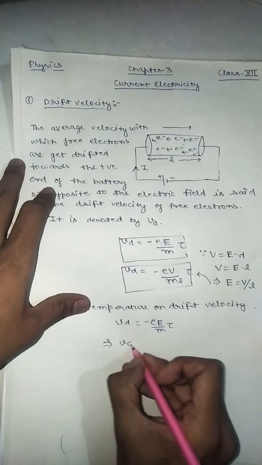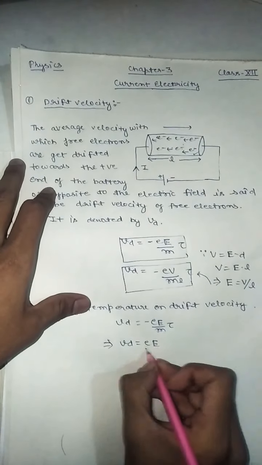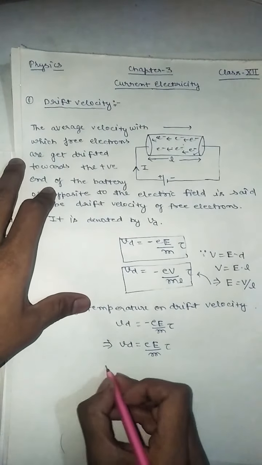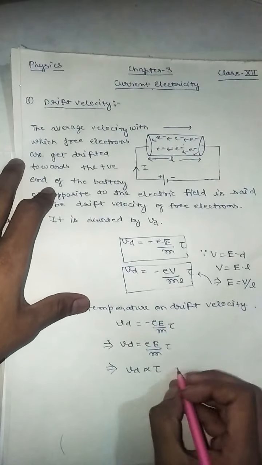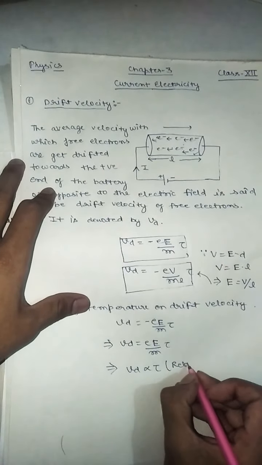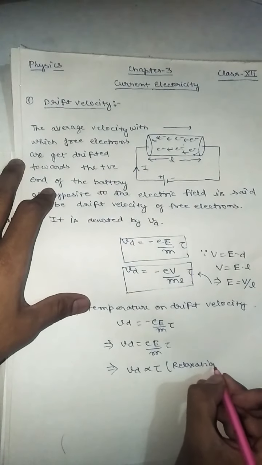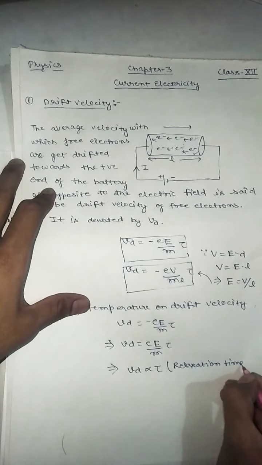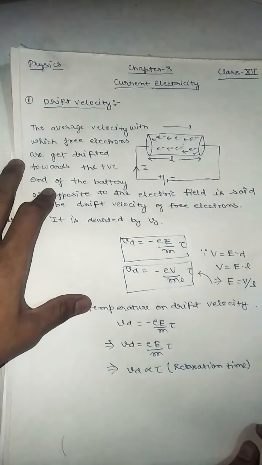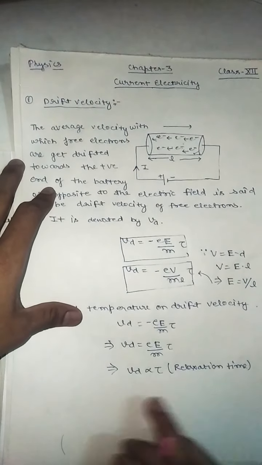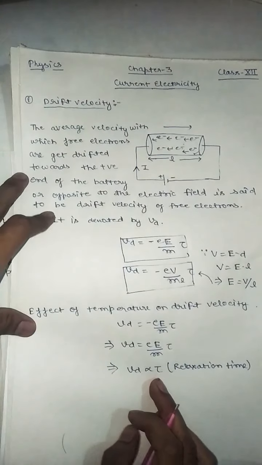If I'm not writing the minus, it would be eEτ upon m. From here we can say that Vd is directly proportional to τ, where τ is the relaxation time. Earlier we discussed relaxation time: the time taken between two successive collisions.